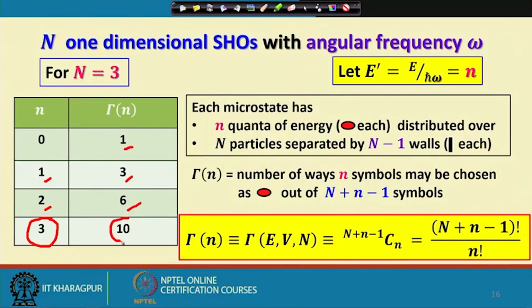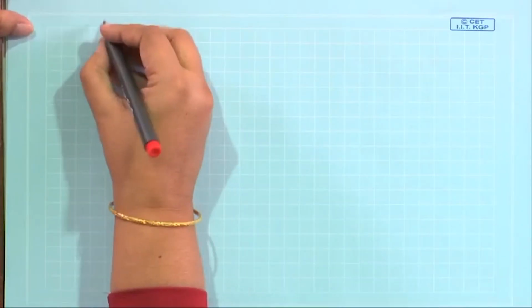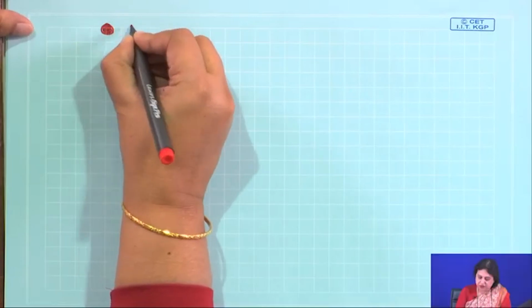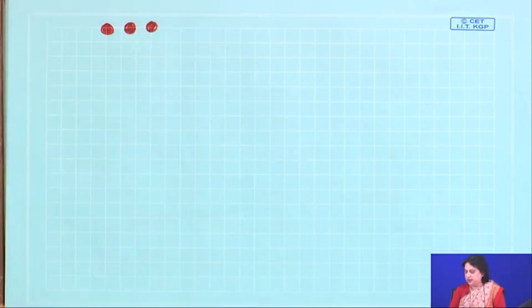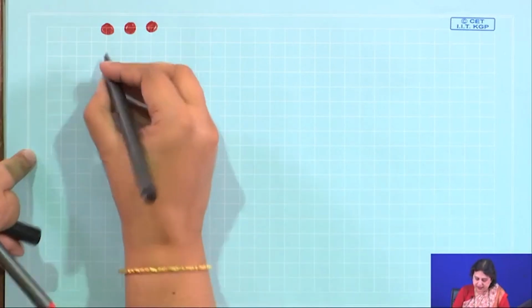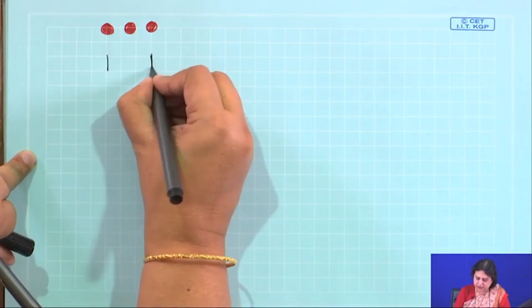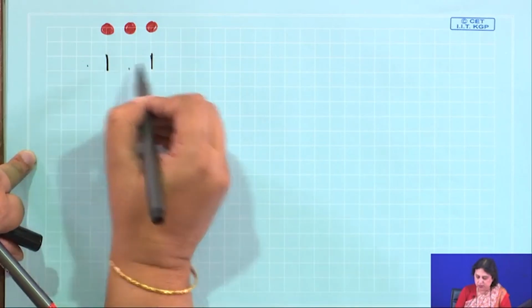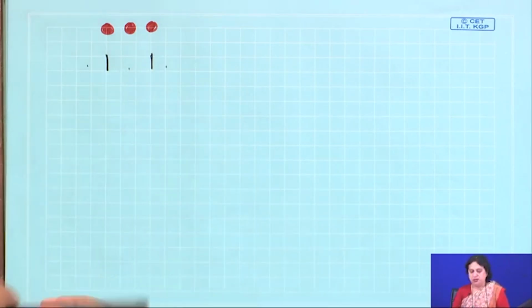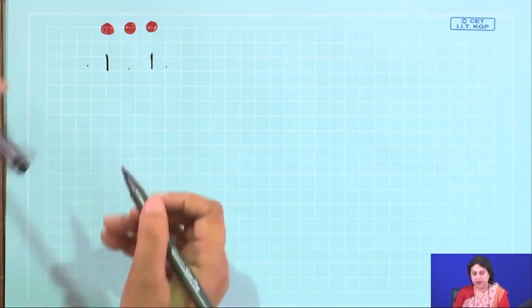Now, you can go on drawing the different microscopic states like this. For example, when I am going to distribute 3 quanta of energy amongst 3 oscillators, I can have 2 separations giving me 1, 2, 3 subcompartments for the 3 particles.